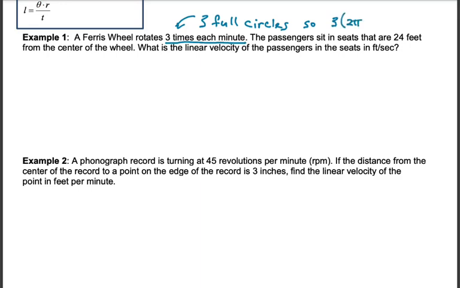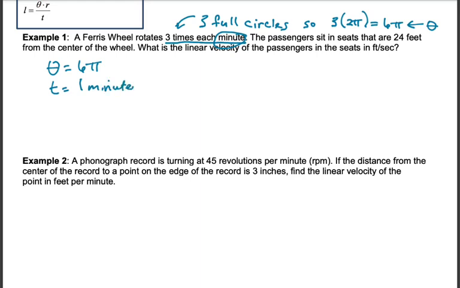So 3 times 2 pi is 6 pi. That's my angle, my theta. So right now we know theta equals 6 pi, and we do that in a minute, so our time is equal to 1 minute.